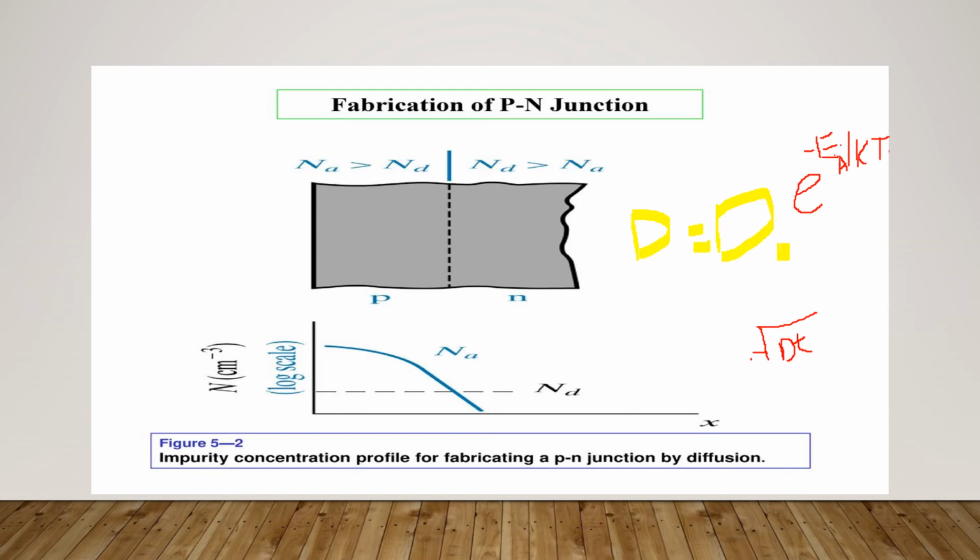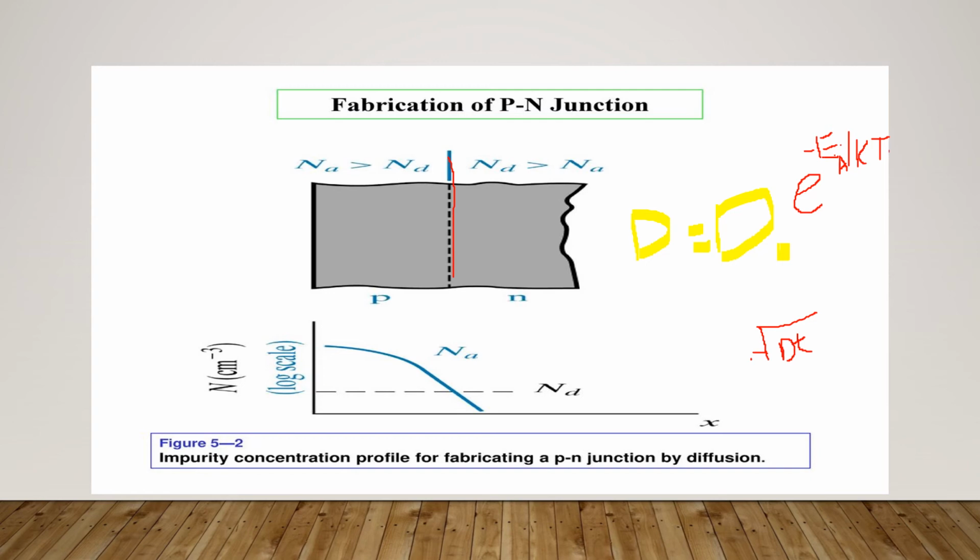Now, if you look at figure 5.2, here you can say there is a point at which the introduced acceptor concentration is just equal to the background donor concentration in the originally n-type sample. The point is the location of the p-n junction.